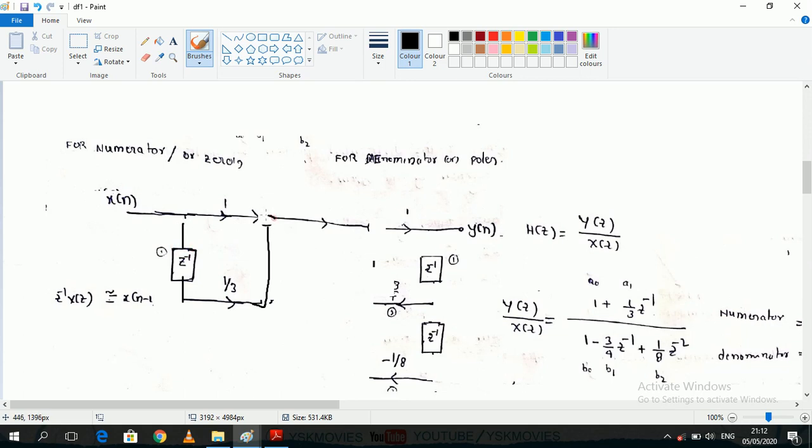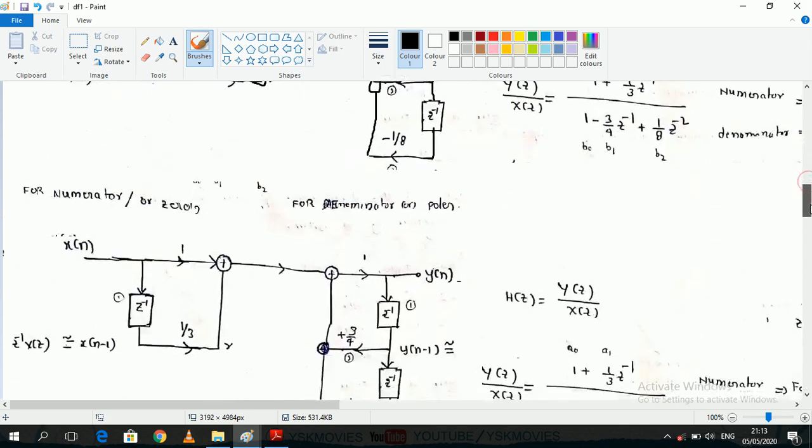But here you are using one adder. Here also complete the loop like this. But you must use one adder here. Here also use one adder and complete the loop. So this is the way to design a network from a difference equation.